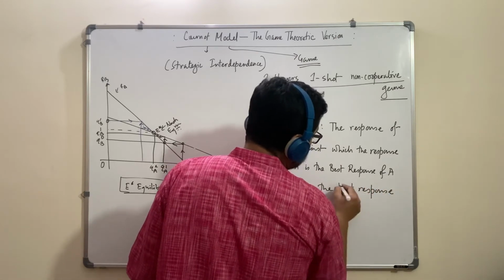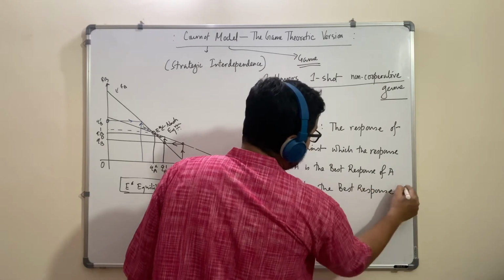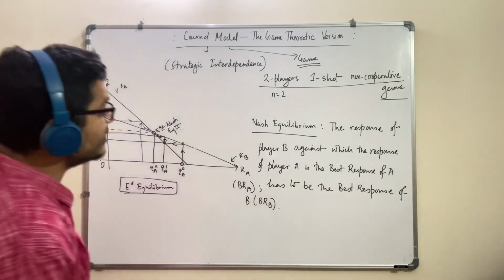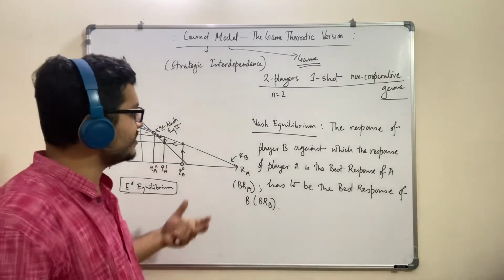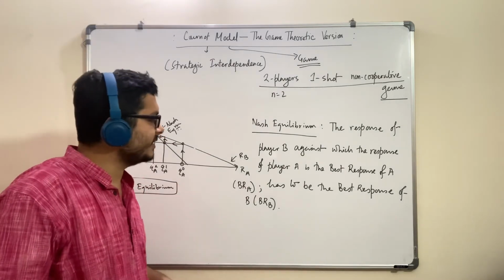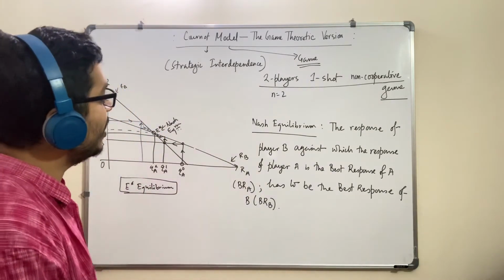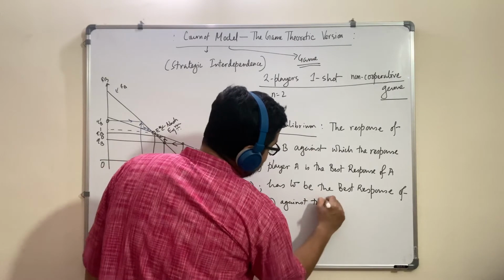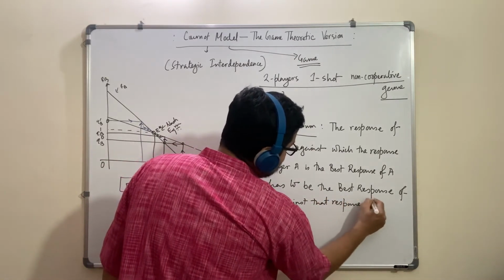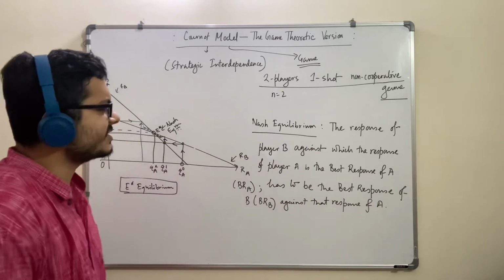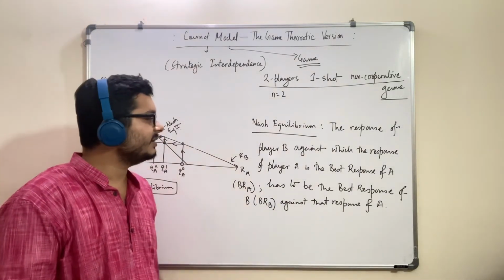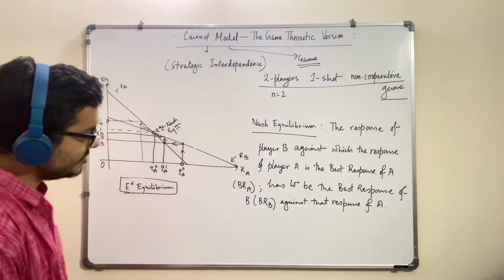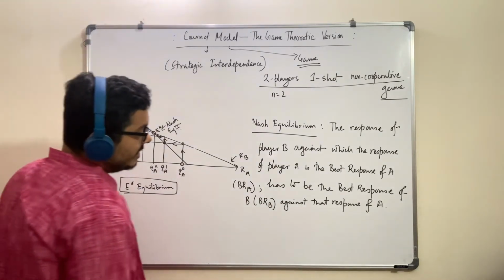The best response of B. So the response of player B against which the response of player A is the best response of A has to be the best response of B against that response of A. Obviously it is confusing, but if you go deeper it will make sense. It's actually very difficult to come up with this English sentence, but language helps.